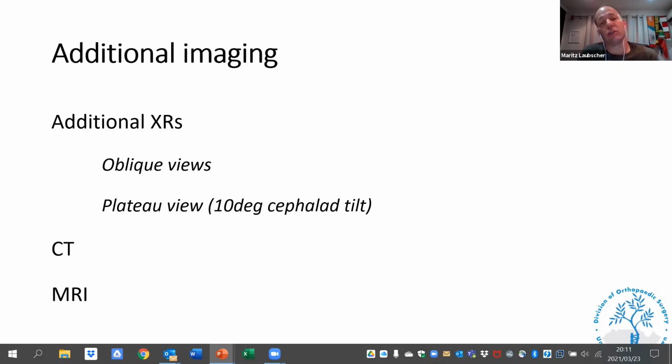If you do an external oblique, you can visualize the posterior medial aspect of the tibial plateau, and if you do an internal oblique, you can visualize the posterior lateral aspect and anteromedial on the other side that might be obscured by overlap. The plateau view is also useful. You'll know from your anatomy that there's a 9-degree posterior slope in the proximal tibia.